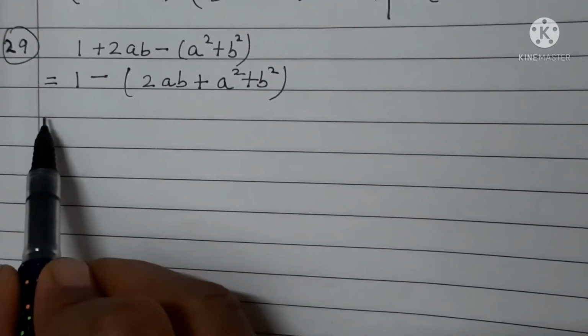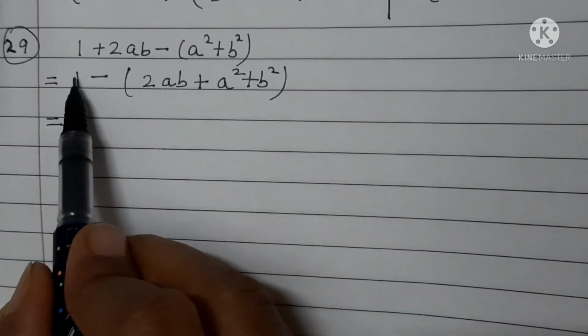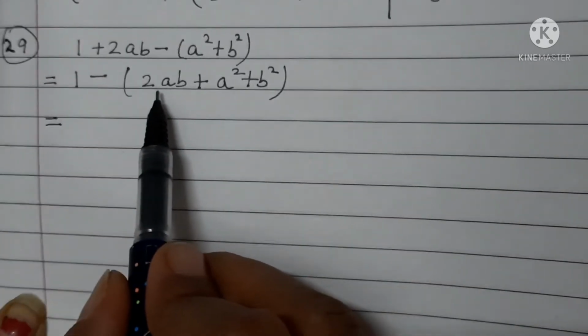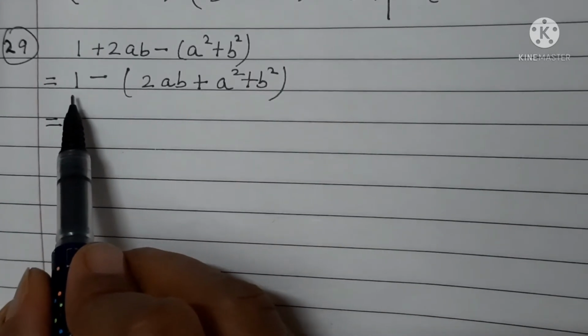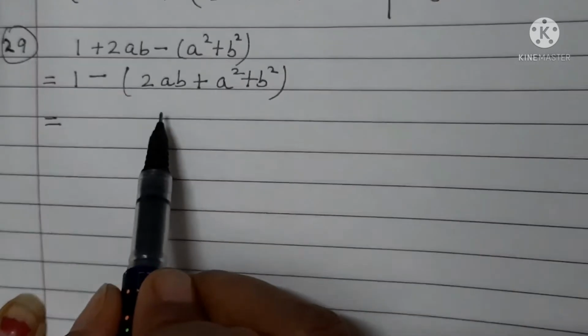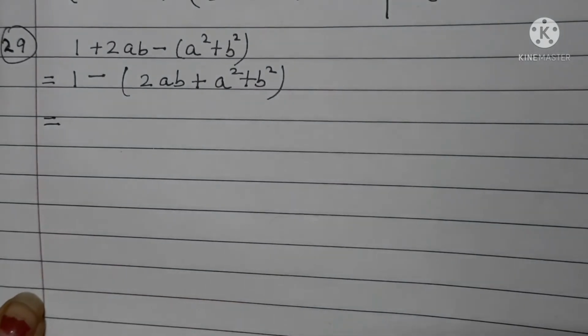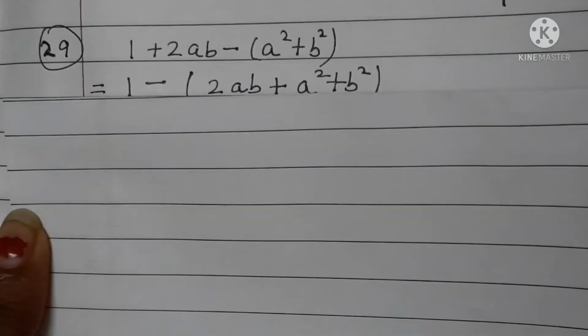Now you can write it as 1 square, and here a plus b whole square. So this becomes the identity a square minus b square, and open it, a plus b and a minus b, and see the answer.